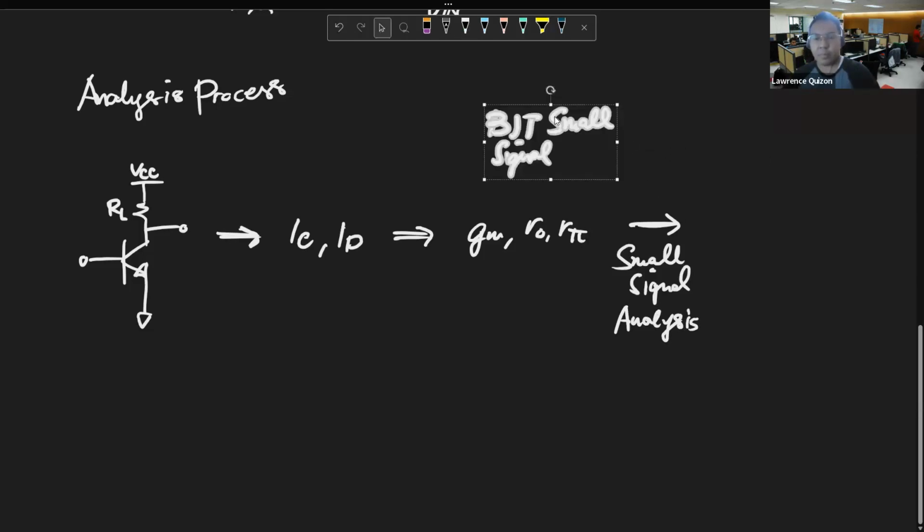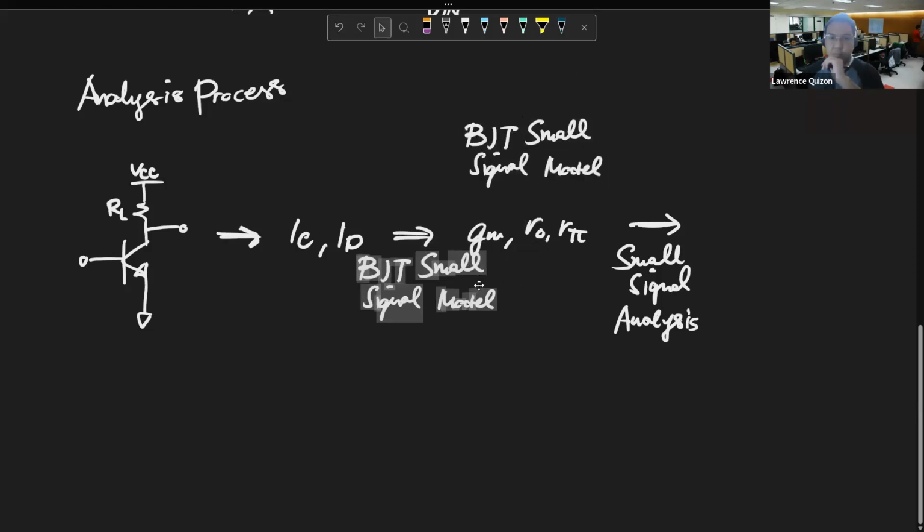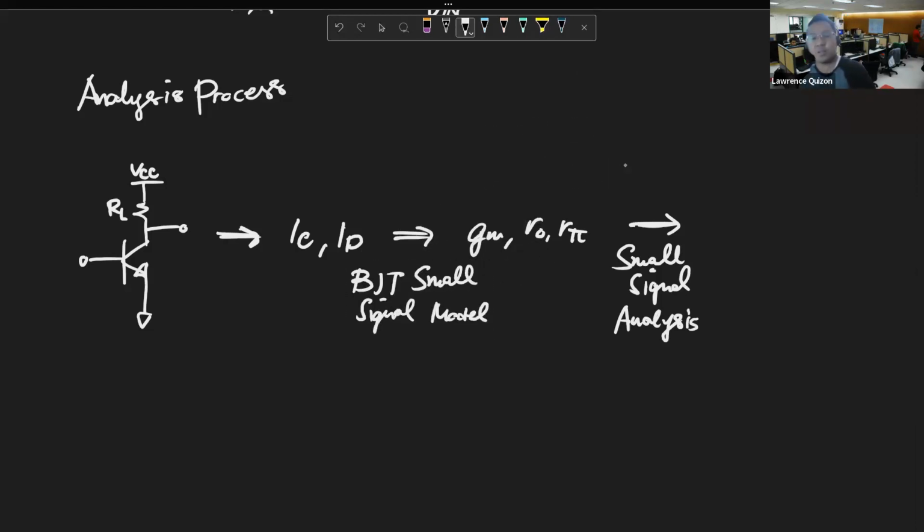So we can do small signal analysis here to get the overall GM, R out, and R in of the resulting circuit.